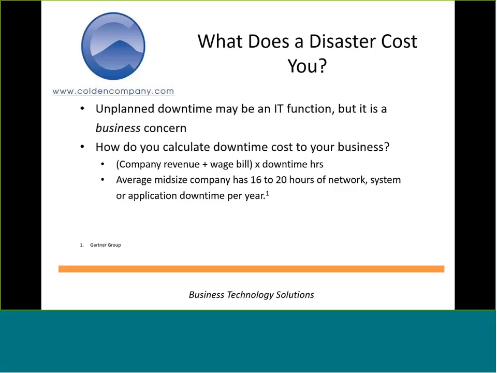We get a lot of people that just don't know what that number is, and it's very hard for them to grasp how expensive downtime really is for them. Gartner has a study that says that the average mid-sized company has somewhere between 16 to 20 hours of downtime on network systems or applications per year.